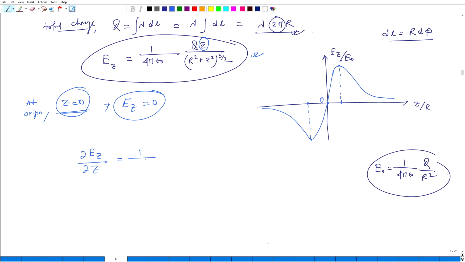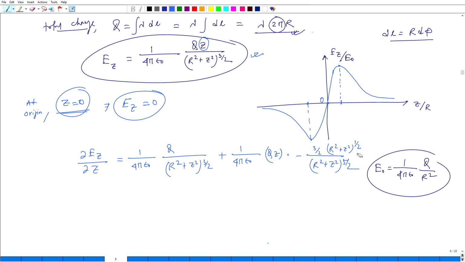So the derivative gives 1 over 4 pi epsilon naught q, first the derivative of z, times 1 over (r square plus z square) to the power 3 by 2, plus q z times minus 3 by 2, times 1 over (r square plus z square) to the power 5 by 2, times 2z.